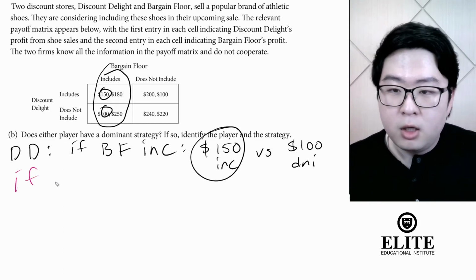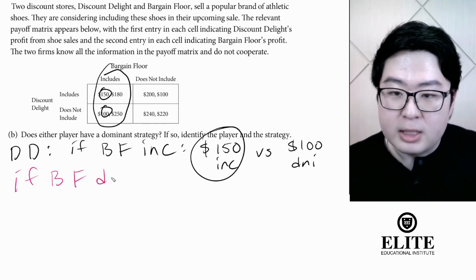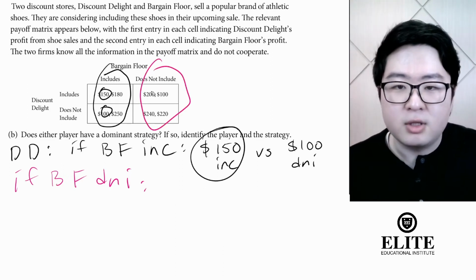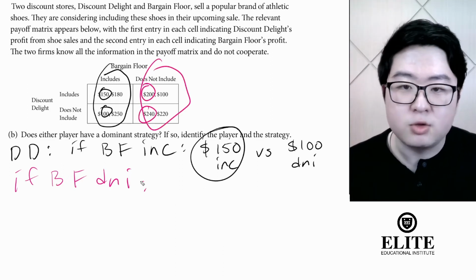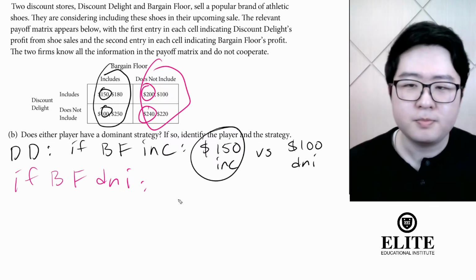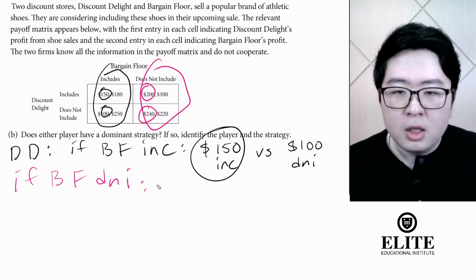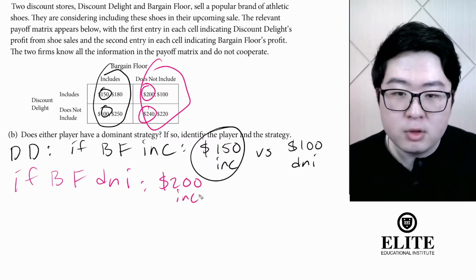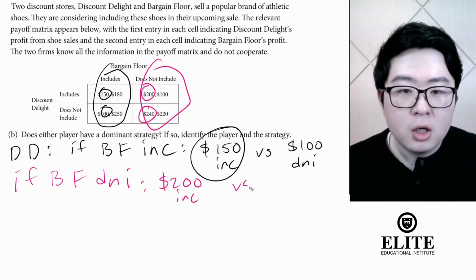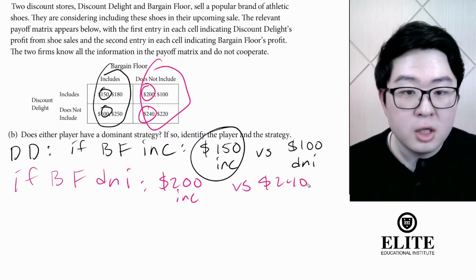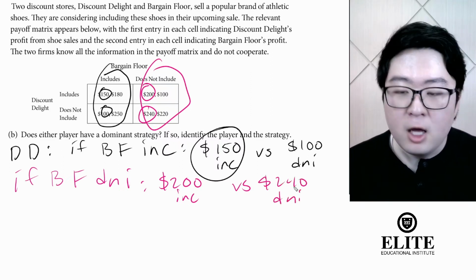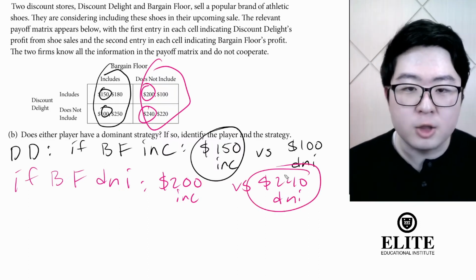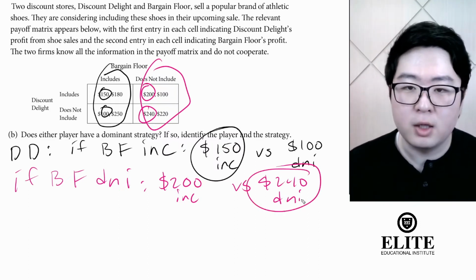If Bargain Floor does not include, right? Discount Delight faces these two strategies, right? Or these two profits. Either $200 if they choose to include, right? Or $240 if they choose to not include. Of course, Discount Delight is going to want more money, so it's going to choose to not include, right, and get the $240.